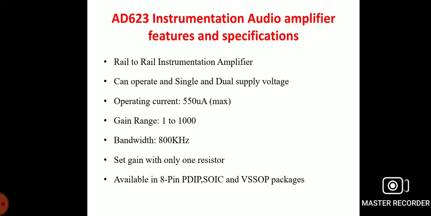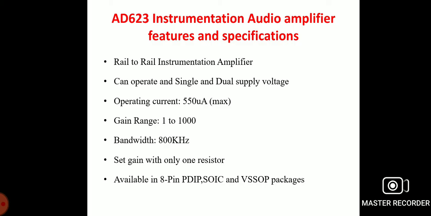The operating current is 550 microamps, that is the maximum current rating. The gain range is 1 to 1000, and the bandwidth is 800 kilohertz, gain is set with only one resistor, and it is available in 8 pin dual inline packages.